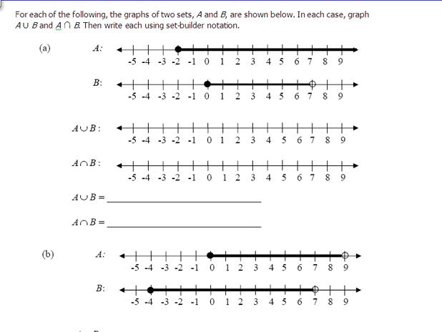A is all numbers greater than -2, it looks like, and B is numbers between 0 and 7, including 0, excluding 7.